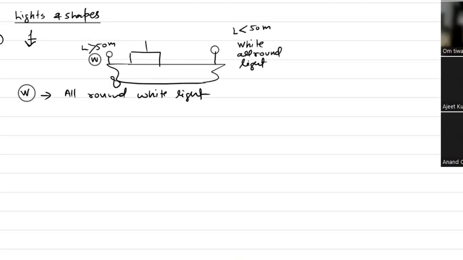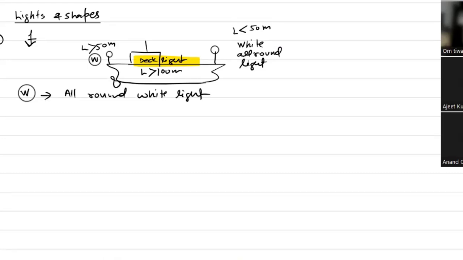But if the length is greater than 100 meters, the vessel is going to illuminate its deck lights. I'm showing it with the yellow color. So we have discussed the lights. Om Tiwari, can you tell me what is the day shape?